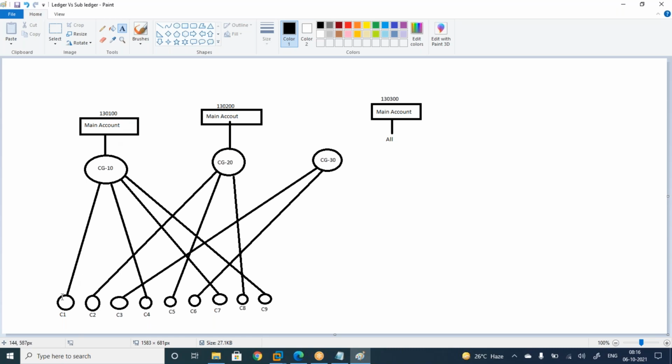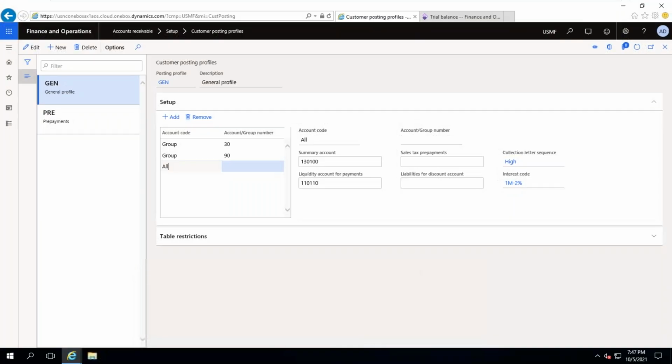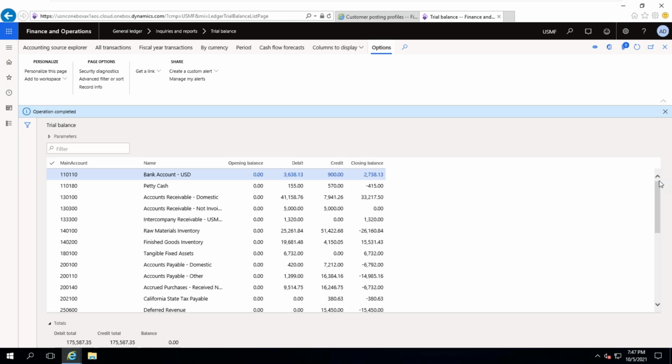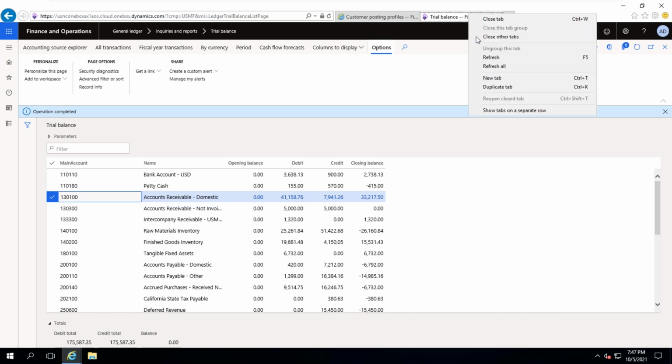If you are posting any transaction for a customer, it will post to this account 130 100 as well as to the customer account also.